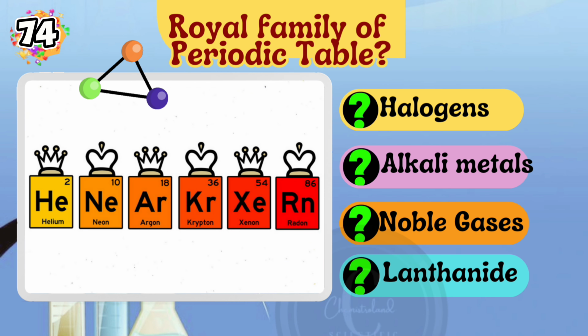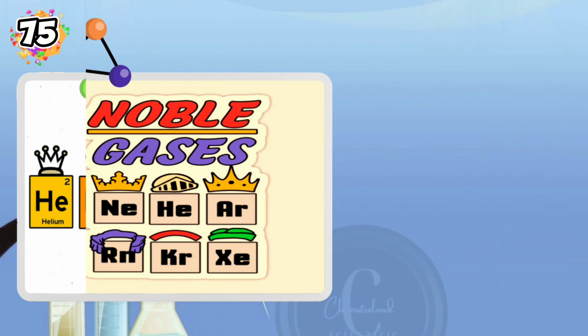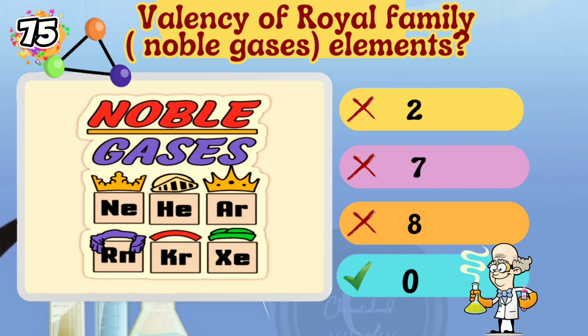Royal family of periodic table is also known as noble gases. The valency of royal family elements is zero valency.